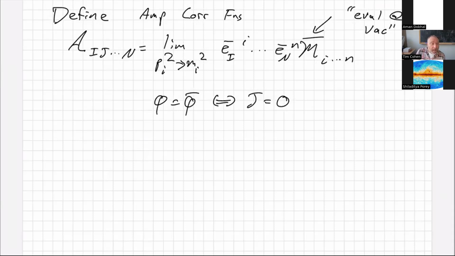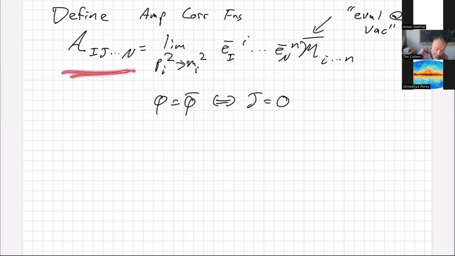I'm using e's instead of the z, which you may be more familiar with, just for notational convenience that we used in the paper. But these are just the wave function factors, right, which take us from a field index to a particle index. Okay.